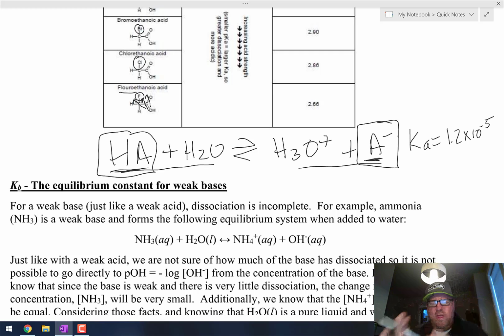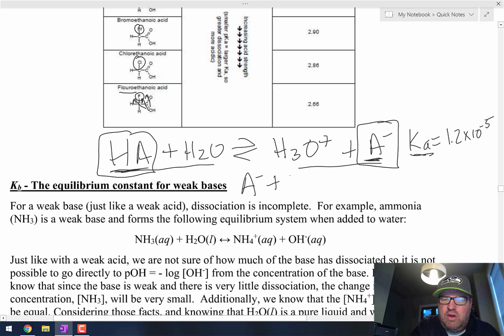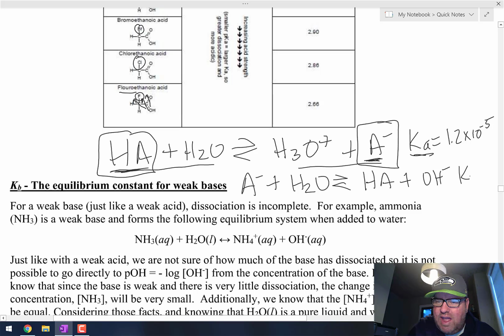So a weak acid creates an equilibrium system where it has a Ka value. A weak base also creates an equilibrium system where it reacts to reform that acid and also some hydroxide. And when that does that, that's going to have a Kb value.